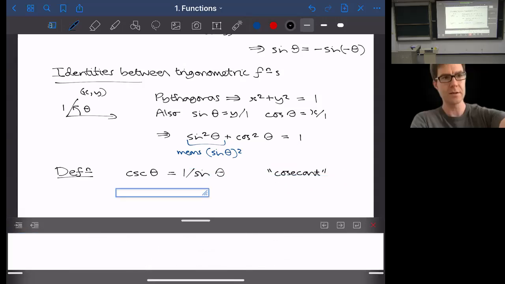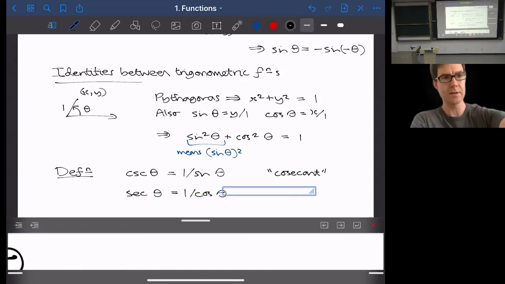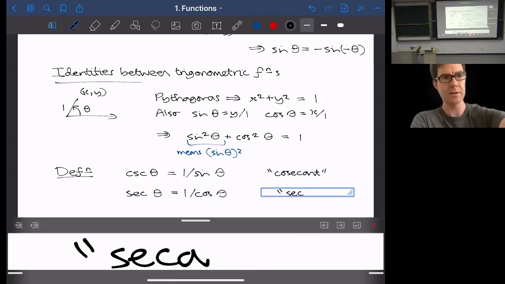The secant of theta is 1 over cos theta.